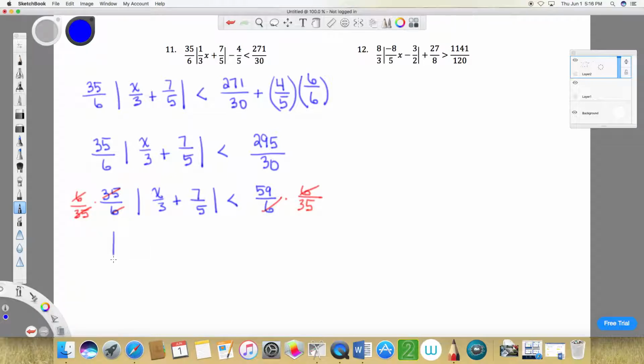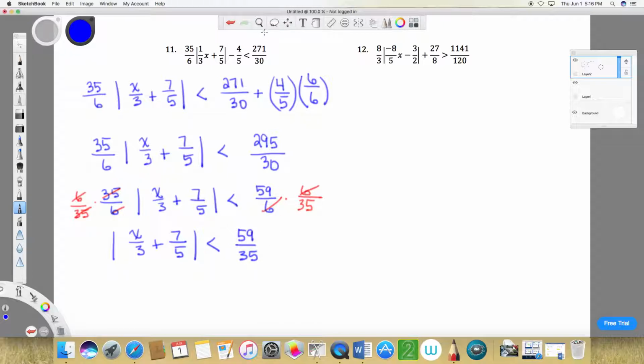Let's see what we have here. We have the absolute value of x over 3 plus 7/5 less than 59 divided by 35, and I don't believe that I can simplify that, but let's double check. No, I can't reduce that any further. So this is what I have here.